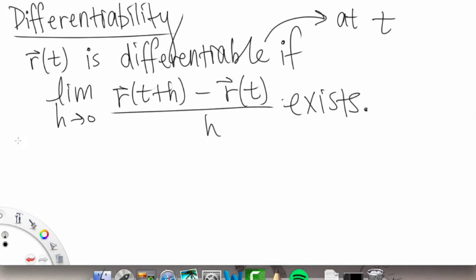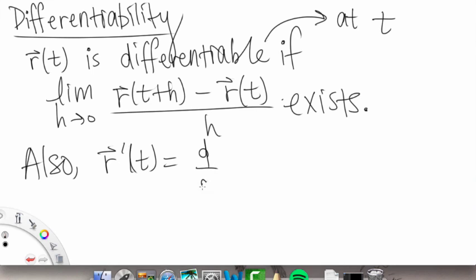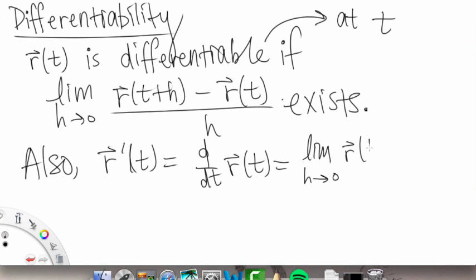Additionally, r prime of t, the first derivative of this vector-valued function, equals d dt of r of t, the first derivative with respect to t, which is equal to the limit as h approaches 0 of r of t plus h minus r of t, over h.